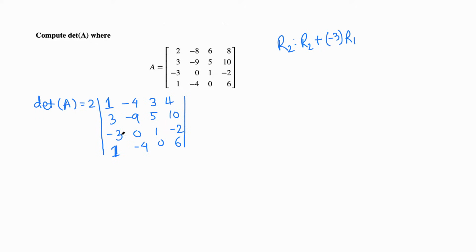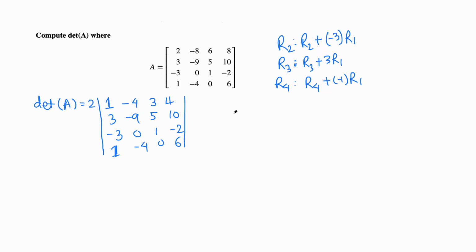Now let's make this 0 as well. So row 3 plus 3 R1, and for R4 this is 1, so R4 plus -1 R1. So we are doing these 3 things.